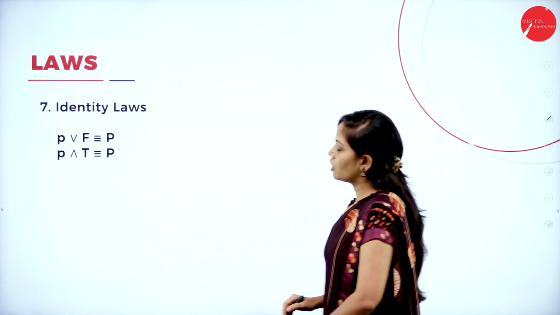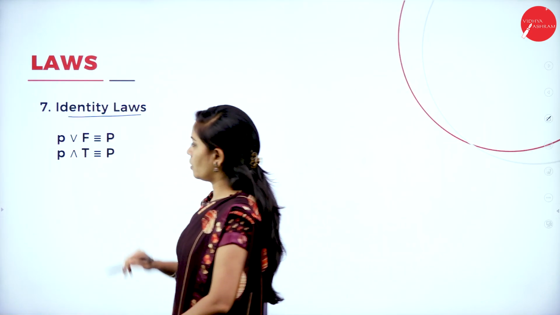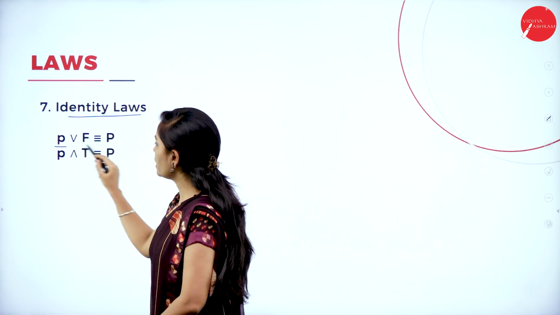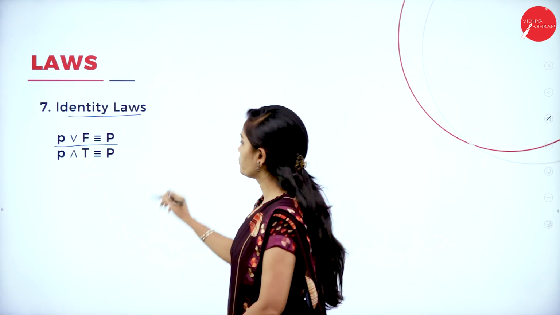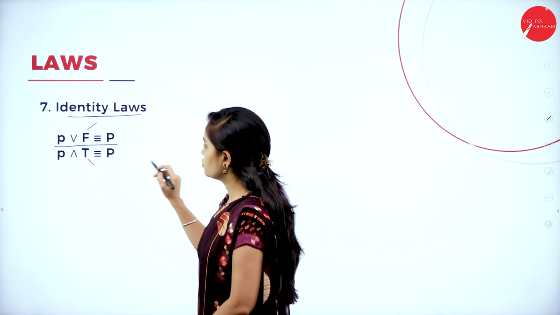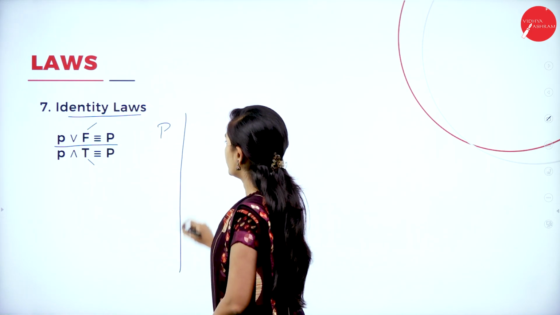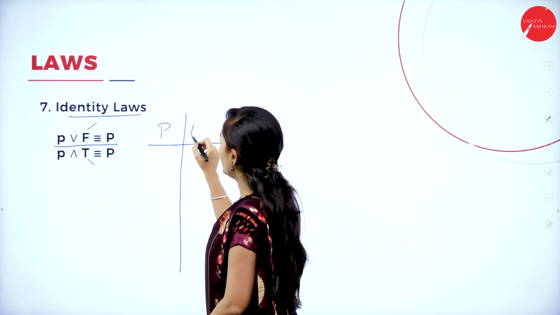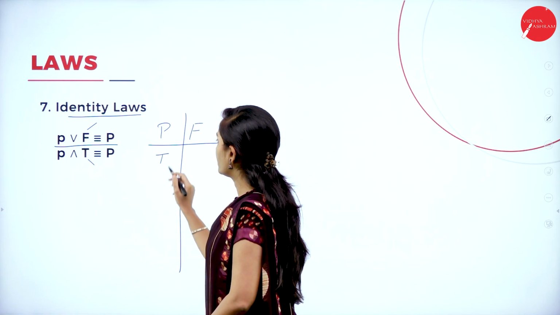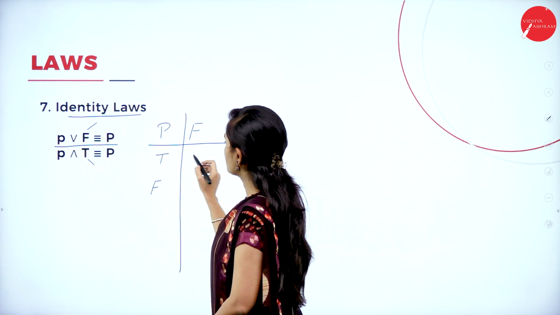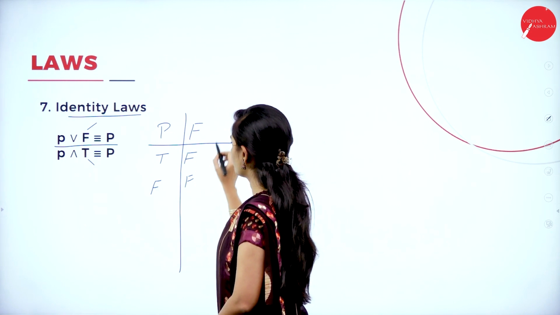And the next law is the identity law. So the first condition is P or F is equal to P. I have false and true. So the first condition is P or F. The truth value of P is true and false. The truth value of F is false and false.